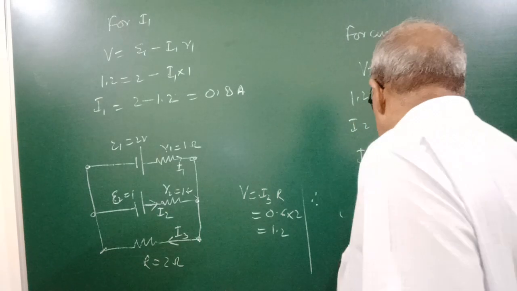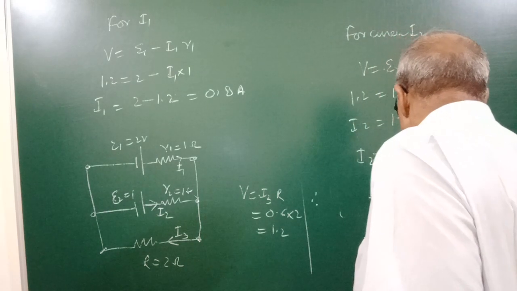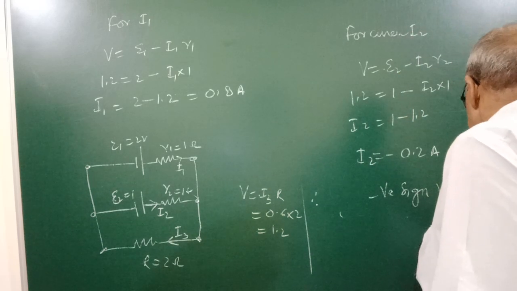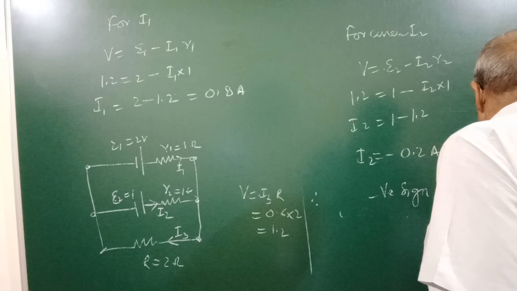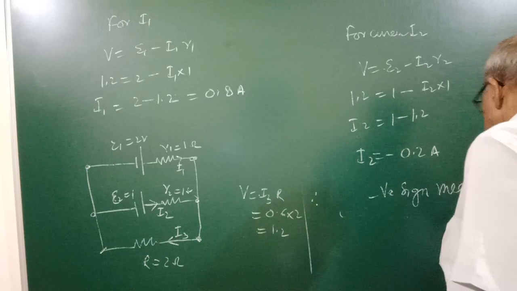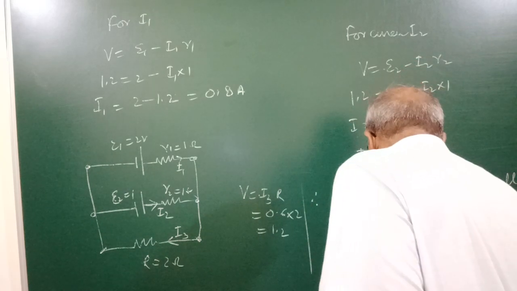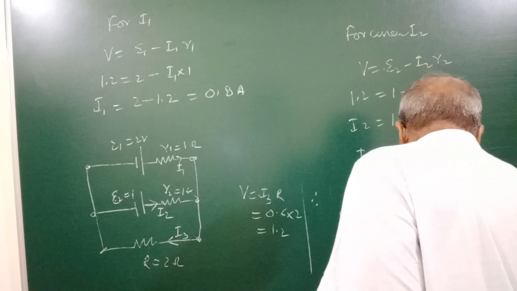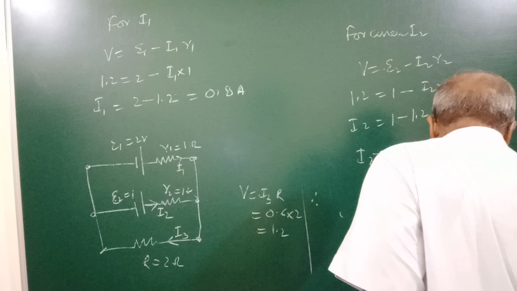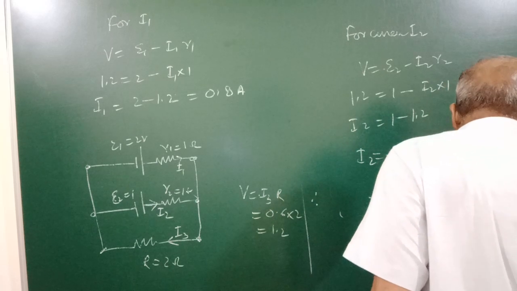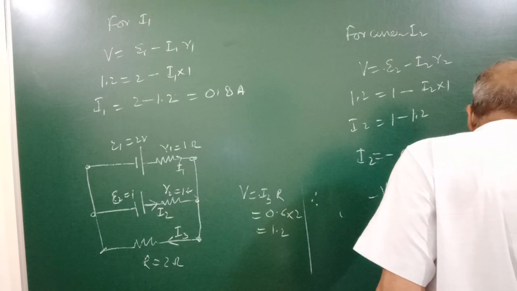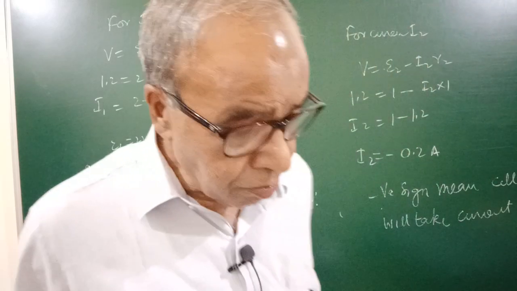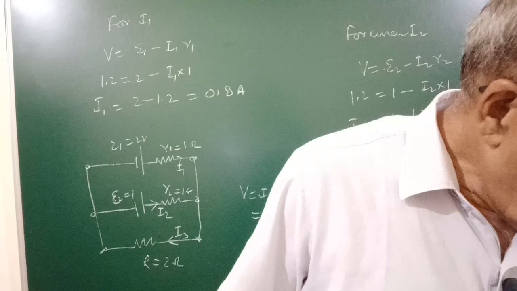Minus again, the negative sign means a cell of 1 volt will take current, not give current, of 0.2 ampere. So this question has been asked in the board also.